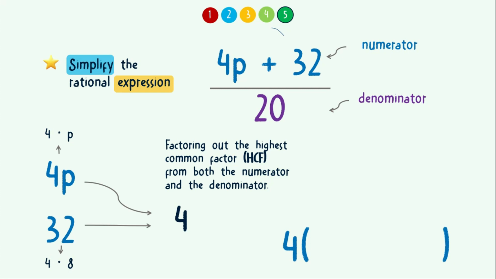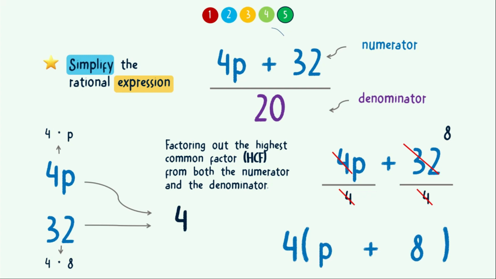So we take the numerator again here, which is 4p plus 32, and we divide it by the common factor, which is 4. So we cross out 4 here, and if we cross out 4 and 32, that will remain 8, you understand. So what we have in this expression is p plus 8, which we put in the middle of the bracket here.